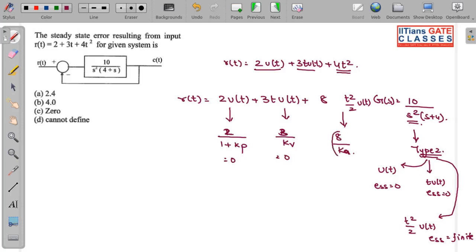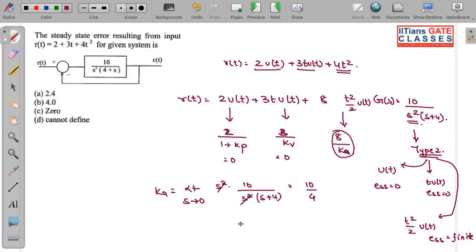Only this will exist. So for this, Ka will be limit s tends to 0 of s square G(s), so that is 10 divided by s square (s plus 4), s square cancels, so Ka is equal to 10 by 4.